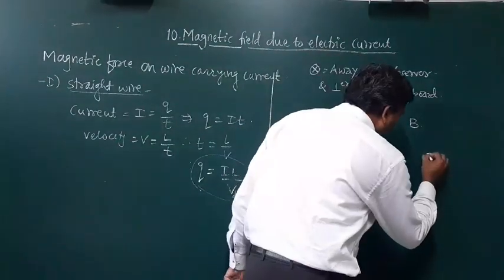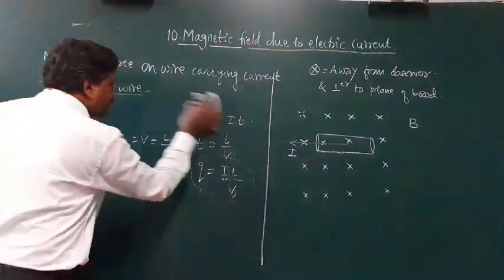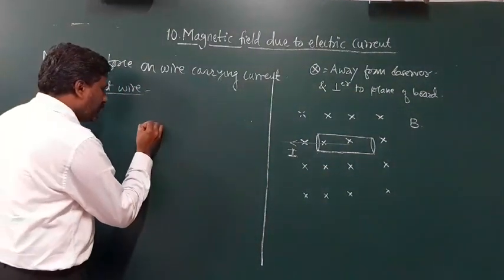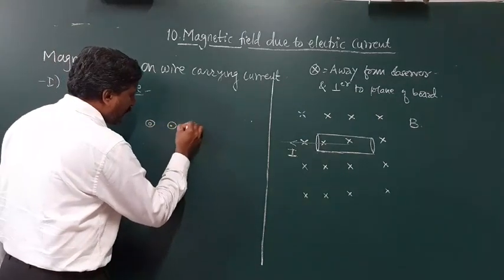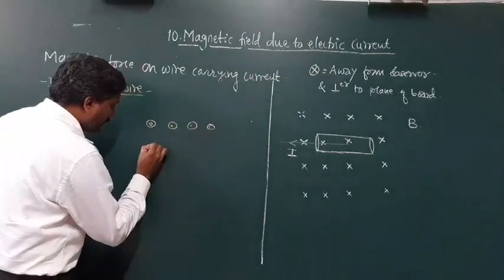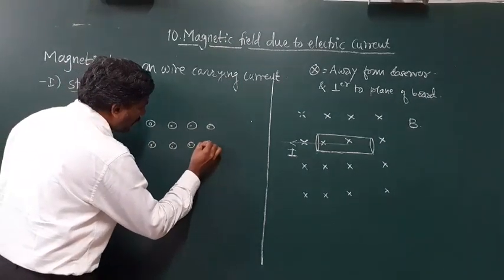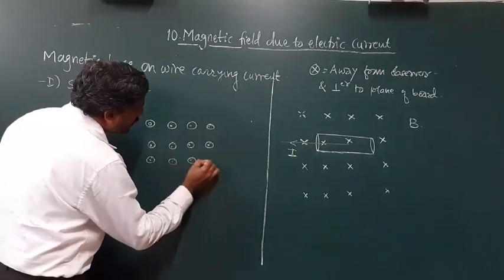Now one more thing, if I erase this portion. If this is a magnetic field, now it is shown by dotted lines.